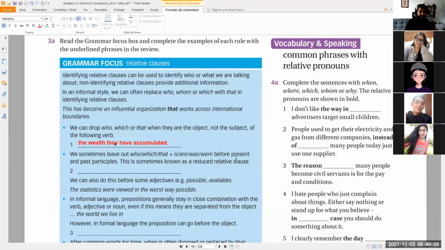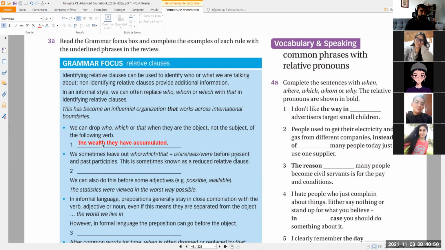So we can say this in two different ways. They have accumulated wealth, or the wealth they have accumulated. But of course, when we change the order, the object of this clause completely changes, because if we say the wealth they have accumulated, we know that we are talking about something else, you see?